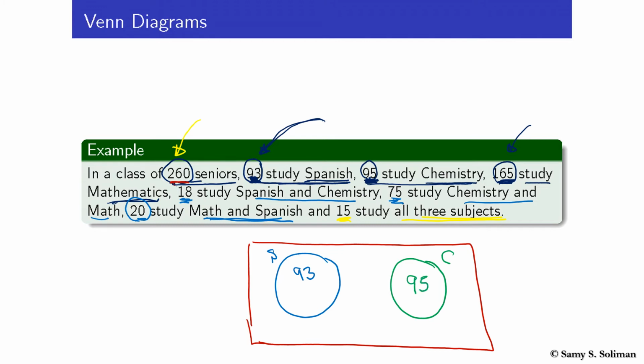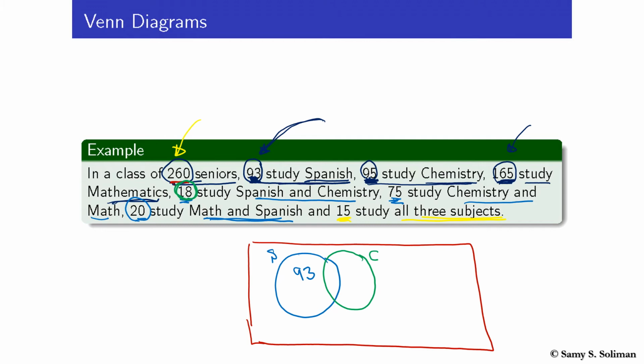So this is the set of students who study chemistry, and we know that the total in this set is 95 students. However, we already know that some students study both Spanish and chemistry. Actually, those are 18 students who study Spanish and chemistry. So there is an intersection between these two events. In order to show such intersection, we have to draw C such that it has an intersection with set S, which represents Spanish.